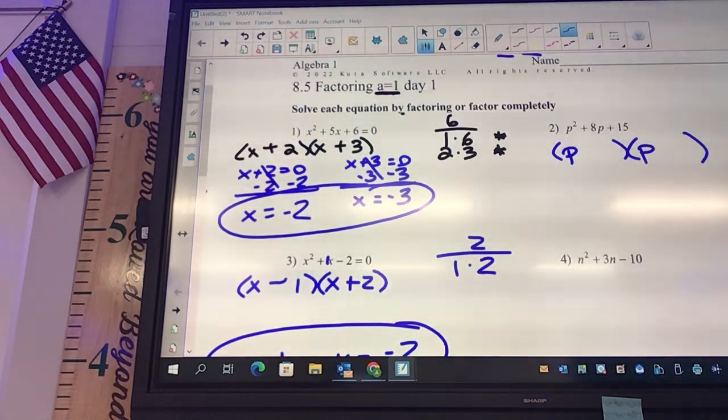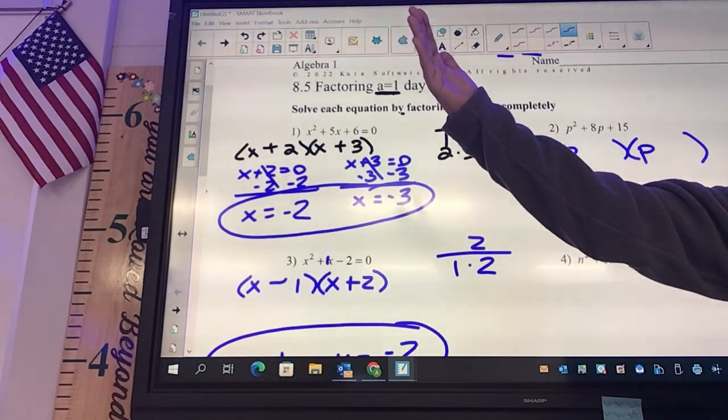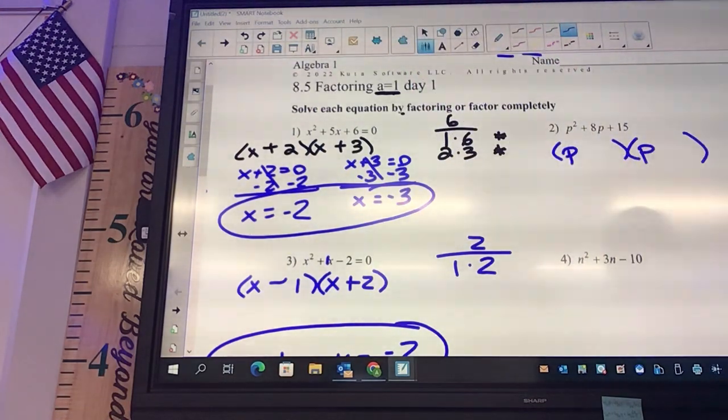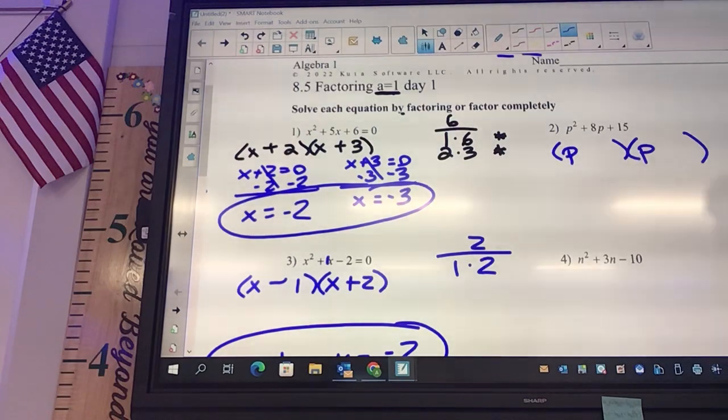Okay, if you were to look at a number line, 1 to 15 is like this far. What about 3 and 5? They're a lot closer, right? The closer and closer your numbers are, that's how you know when you're done. The only number between 3 and 5 is what? 4. So does 15 go into 4? No. What about 5? Well, 5's on our list, so you know you've checked every single possibility.